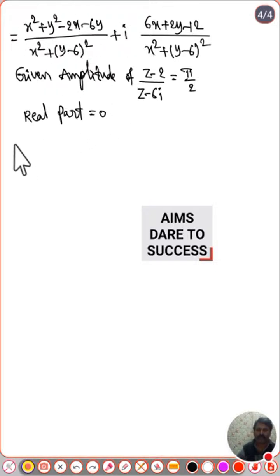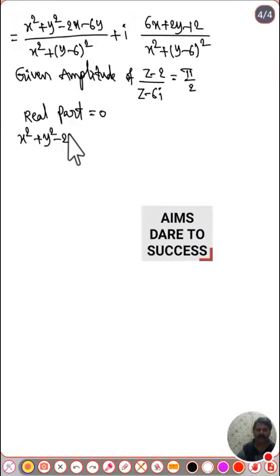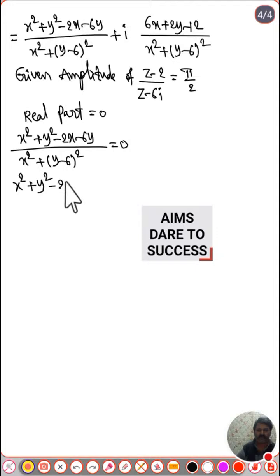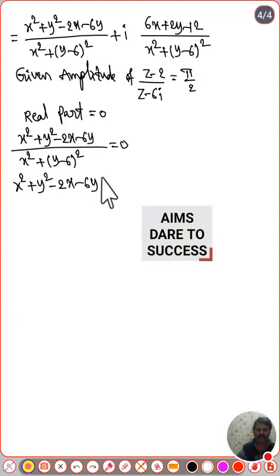What is the real part from this problem? X square plus y square minus 2x minus 6y divided by x square plus (y minus 6) whole square equal to 0. Then cross multiply, we get x square plus y square minus 2x minus 6y equal to 0, which is the locus of z.